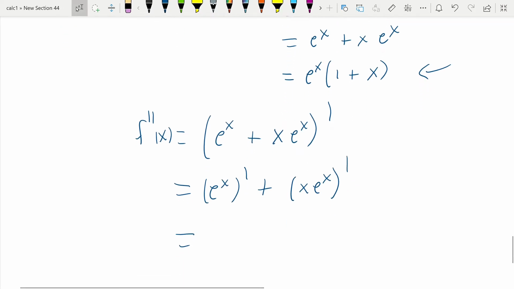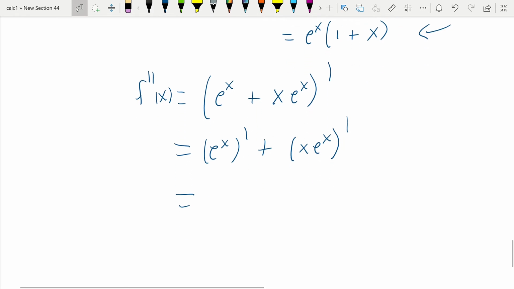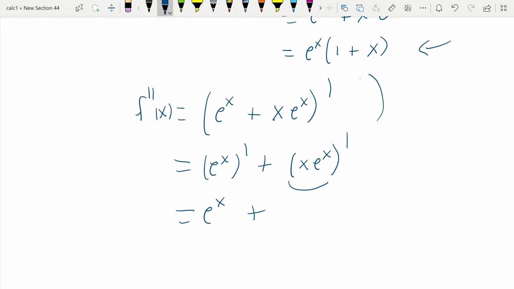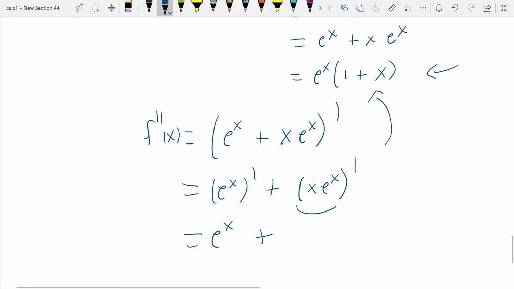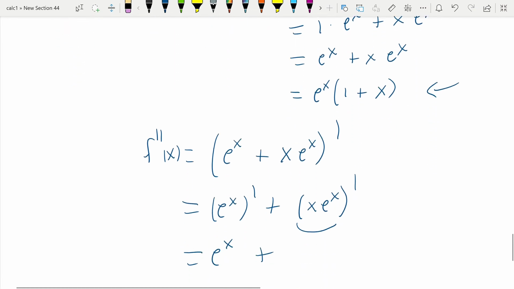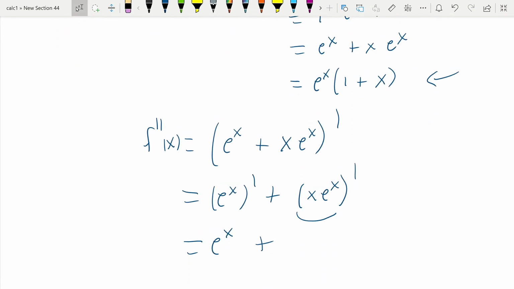is better for purposes of computing things, because the derivative of e to the x is just e to the x, and the derivative of this we already found to be the thing that we have in the last step, right? We computed x times e to the x prime, so we just get e to the x times 1 plus x.